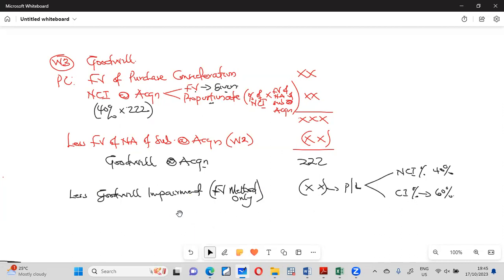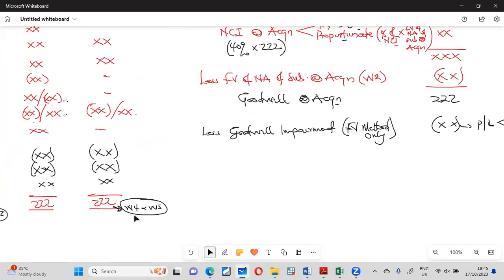The same way, this figure that we had, where I told you that one will go to Workings 4 and one will go to Workings 5, but don't forget Workings 4 is NCI. So this one will be 40% going to the NCI. Then Workings 5, we are going to use it for the CI retained earnings. So that one will be 60%. So you share it. We call it NCI share of post-acquisition profit.